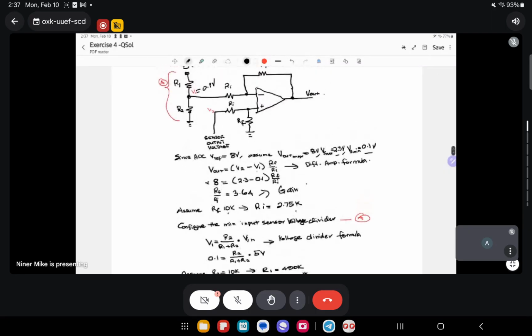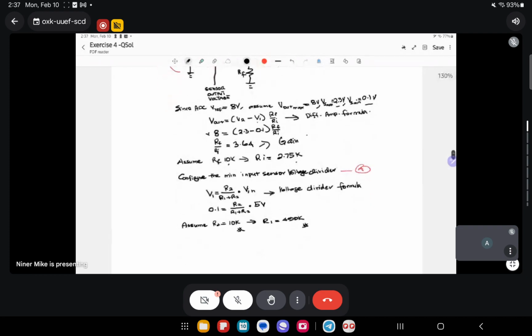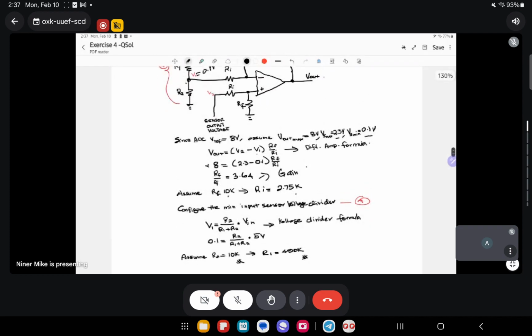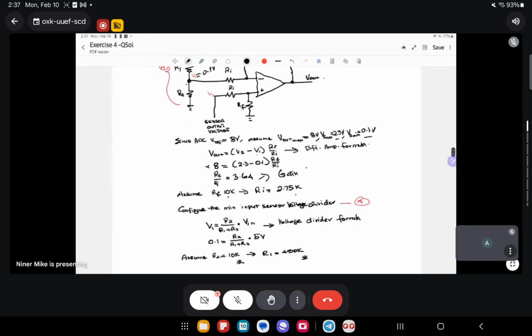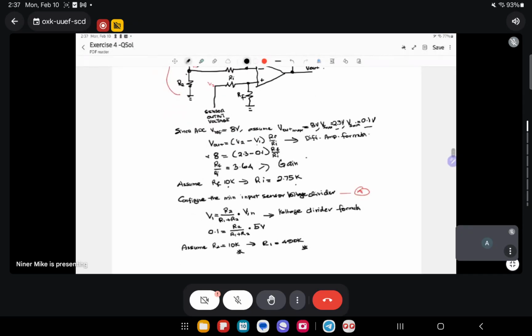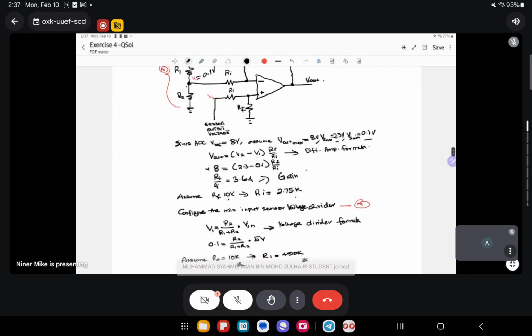In order to configure this V1, the minimum voltage or offset, you have to calculate the values of R1 and R2 in your voltage divider circuit. VR for sure we want to be 0.1 volt, which is R2 over R1 plus R2 times the voltage reference.